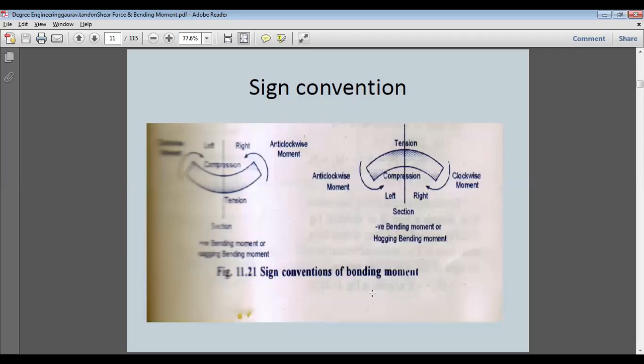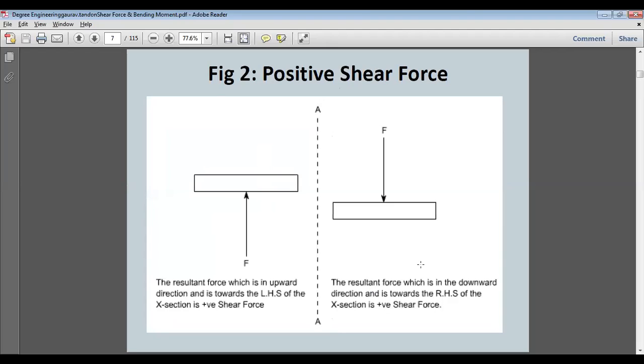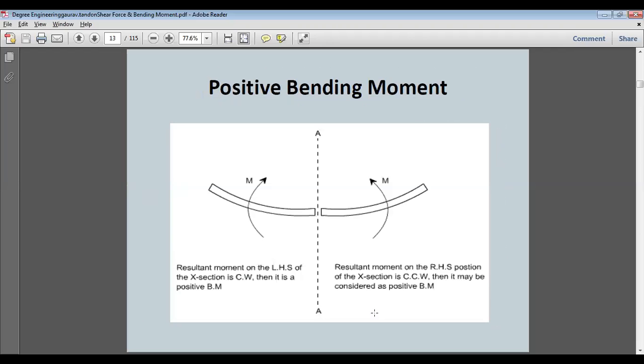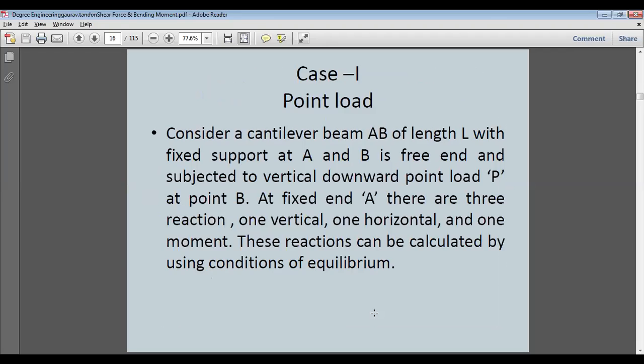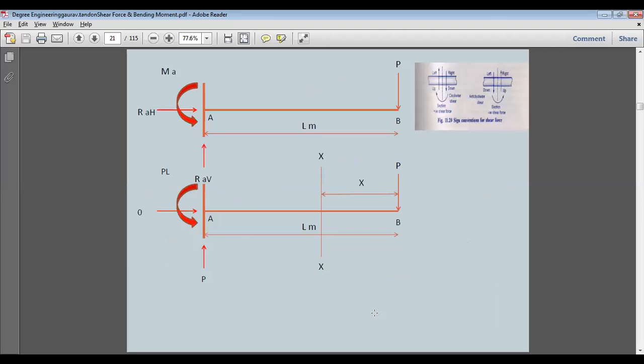Whereas in the shear force diagram, the left hand side is downwards, and left hand side downwards is positive shear force, as we can see here. So a cantilever beam with point load on the free end will have positive shear force and negative bending moment.